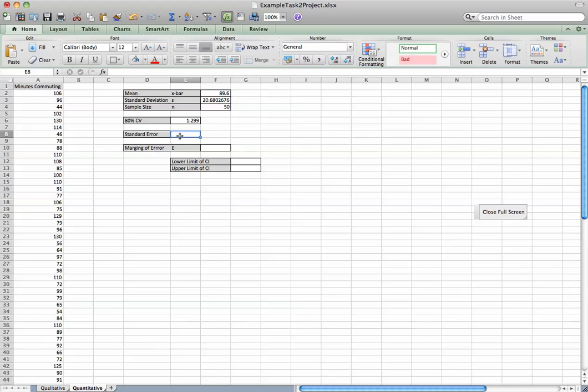Now the next thing I need is my standard error. Now my standard error is the standard deviation of the sample divided by the square root of the sample size. So this is equal to the F3 divided by, and this is the square root of, and this is F4.